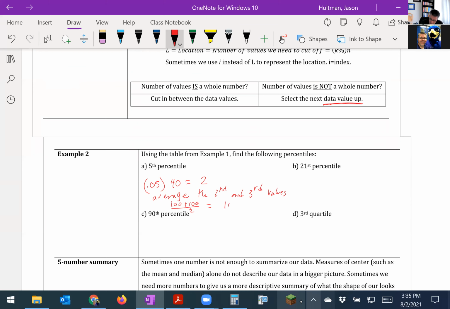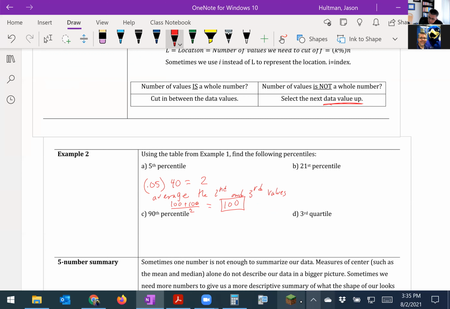And so it's just 100. So 100 is the 5th percentile. I'm just going to put 100 because that's what we're answering.